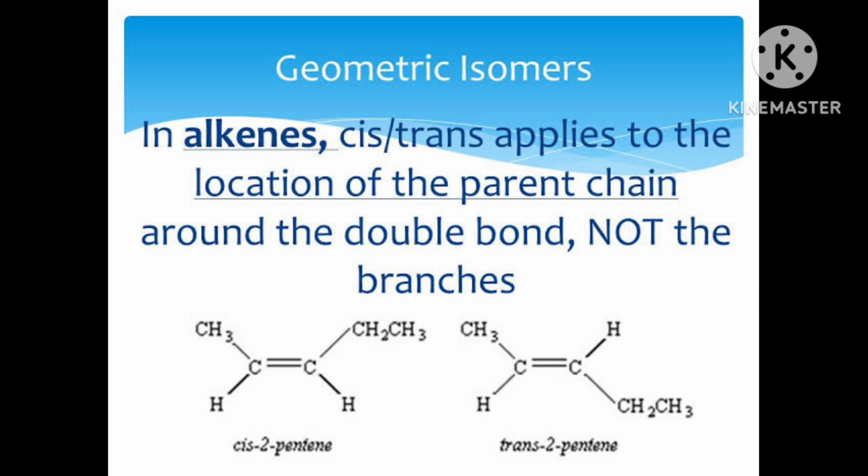But in the other structure, the two X or two Y lie across the double bond, or on the opposite side of the double bond. This results in different geometrical isomers.